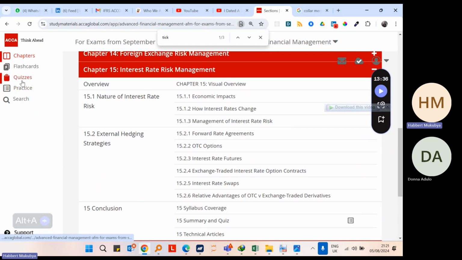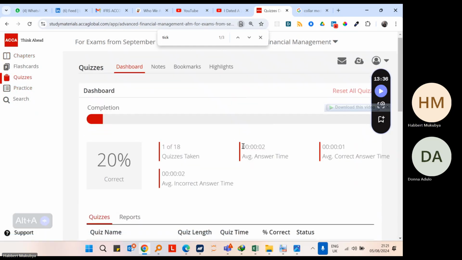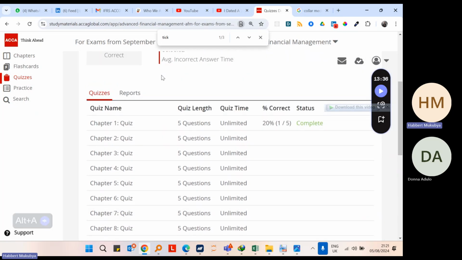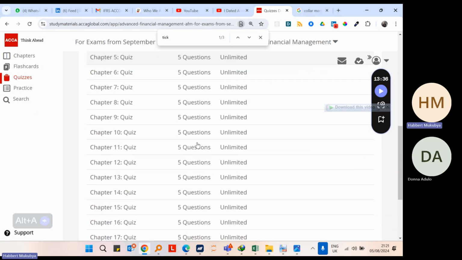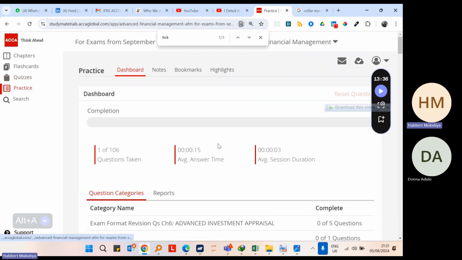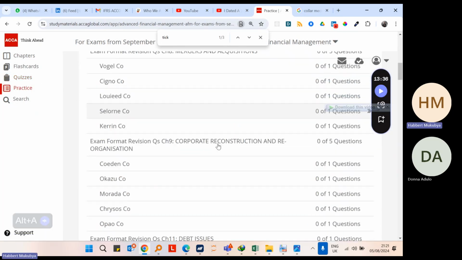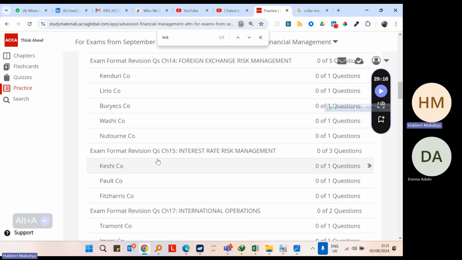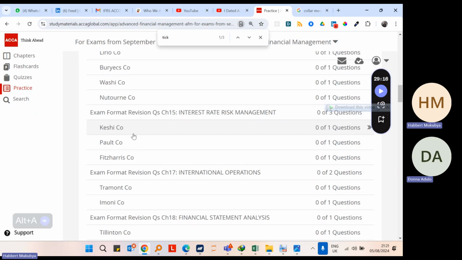Or you go to the quizzes and look for the chapter that we have been looking at. I think it was chapter 15? And you do the quiz. And then also, if you got the practice, you get questions for interest rate. So here they are: Keshi, Holt, and Fitzharris.